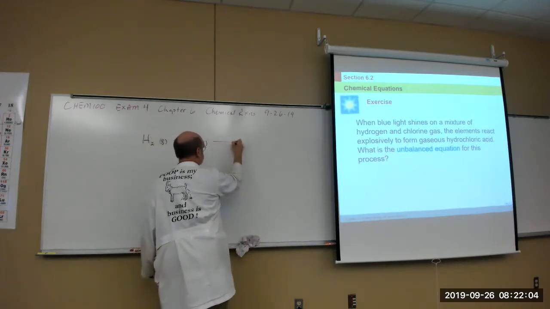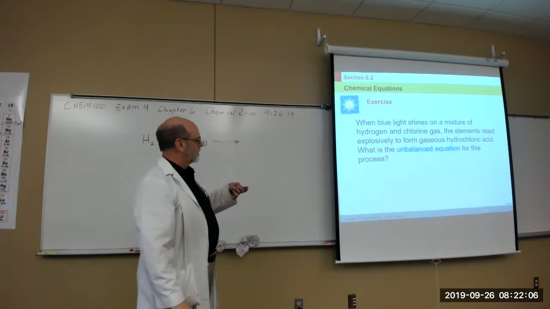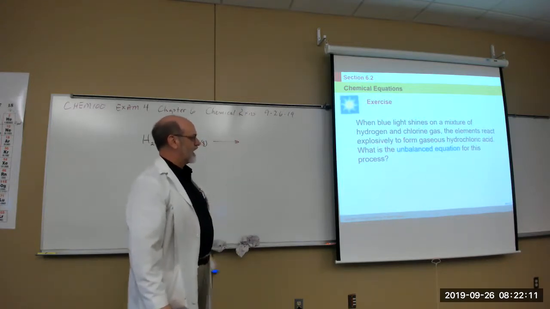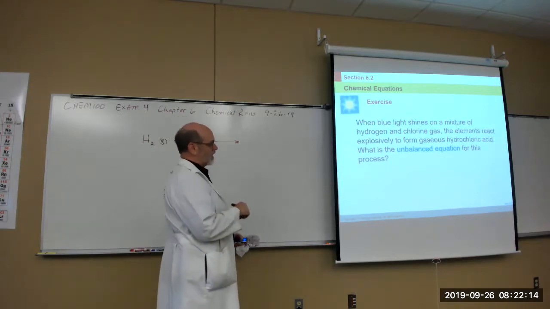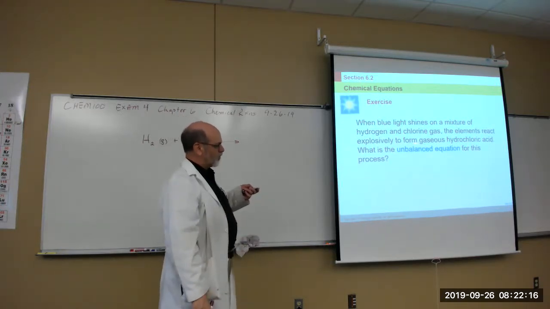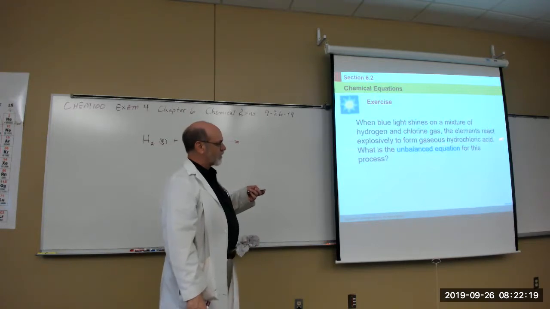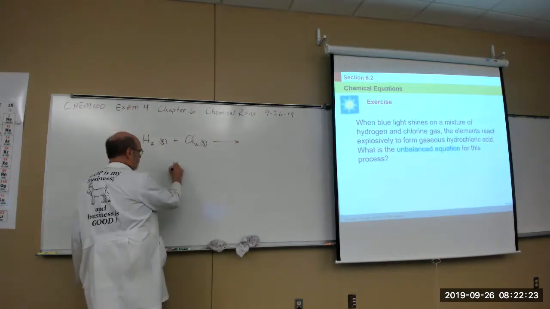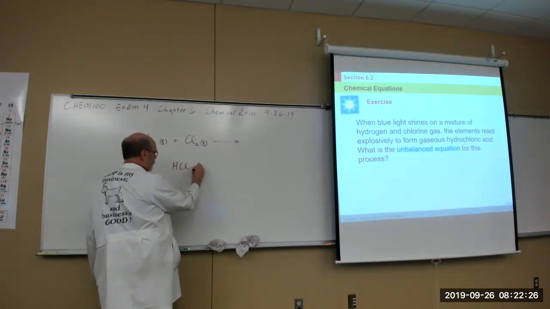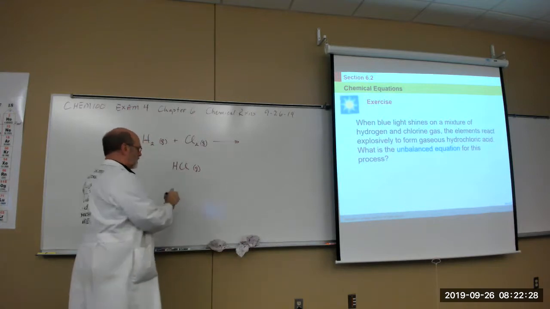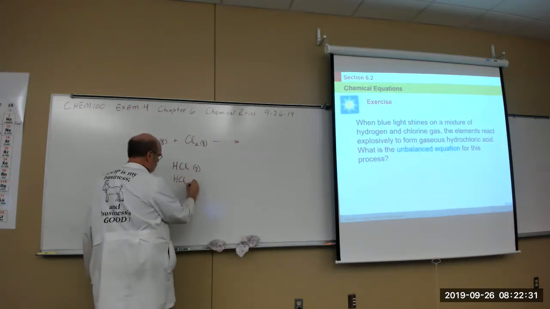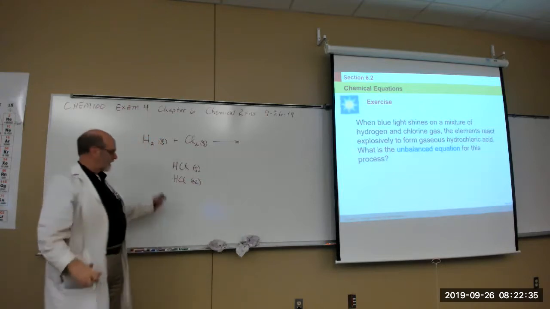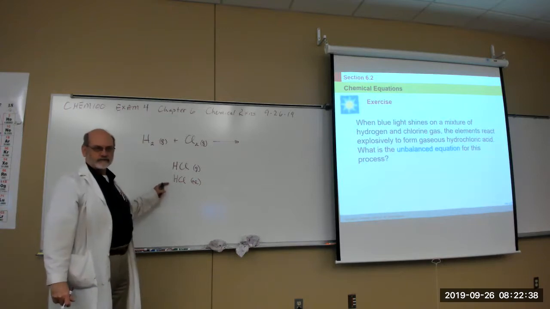So we got our reactants. So what are the products? They react explosively to form gaseous hydrogen chloride. Or that's actually a misnomer. Gaseous hydrochloric acid is wrong. And here's why. That's hydrogen chloride. That's hydrochloric acid. It doesn't become an acid until you put it in water.